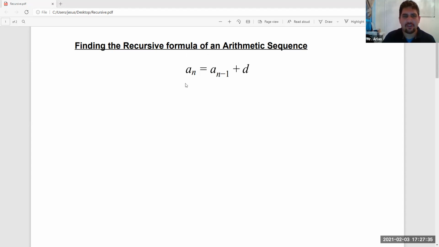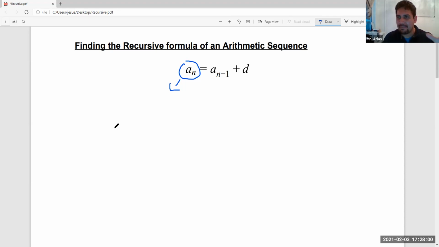We have this term, which is on the left-hand side of this equation, and we're going to call that a sub n. What this means is that this is the value of any given term that's placed in the sequence that you're working with. It could be the 20th term, the 40th term, the 71st term.